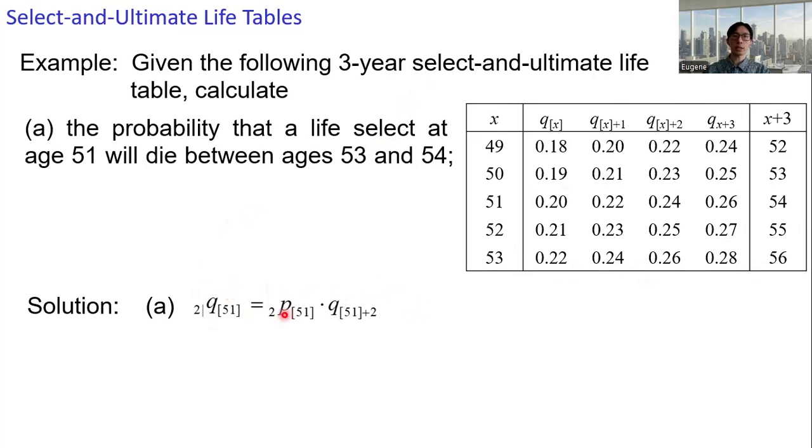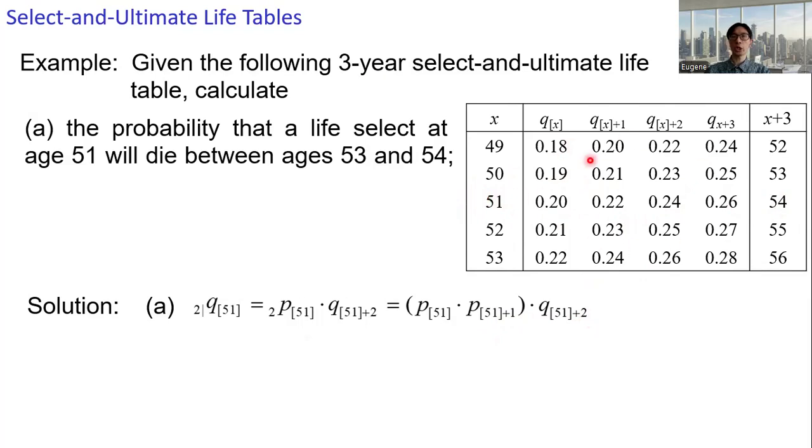Say we express this as 2p51 times q51+2, and then further factor as p51 times p51+1 times q51+2, all at select age 51. The square bracket with 51, so we are working with this row, and then get the corresponding values.